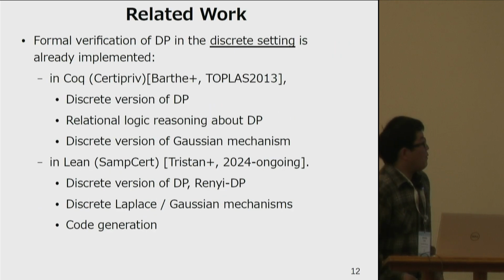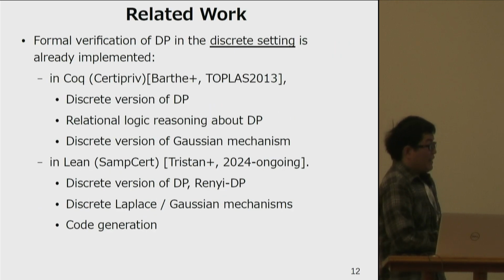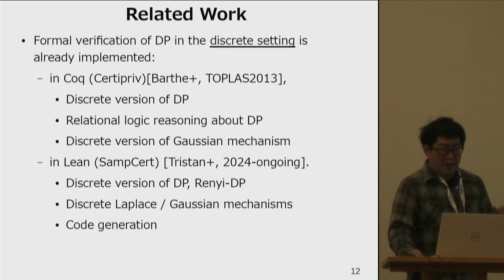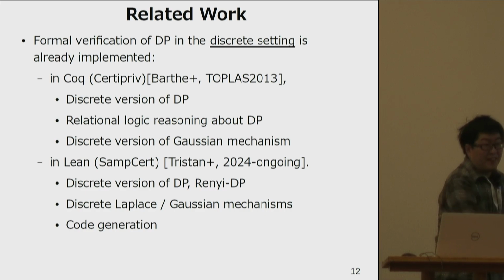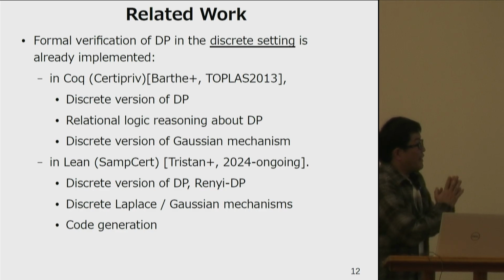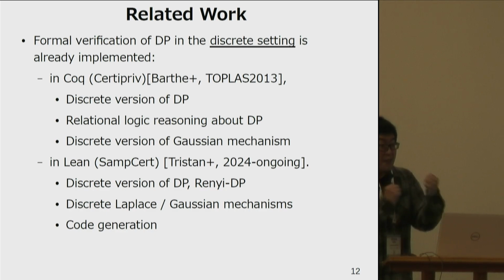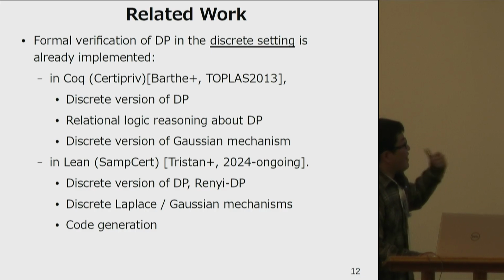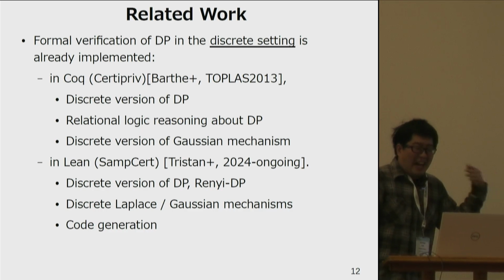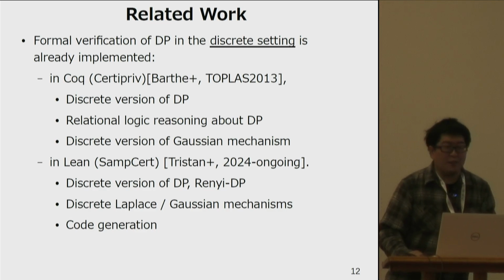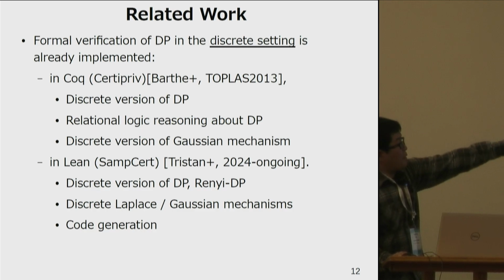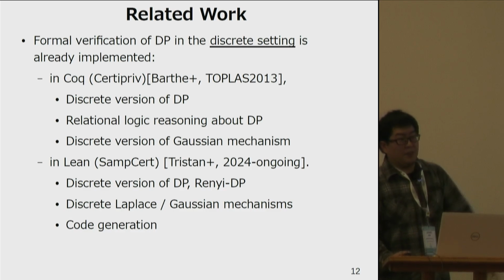But I chose Isabelle HOL because Isabelle HOL contains so many useful but subtle results on probability theory, and also Isabelle contains a powerful tool, sledgehammer. I use sledgehammer so frequently. But we can formalize it. I believe that it can be translated to Lean.